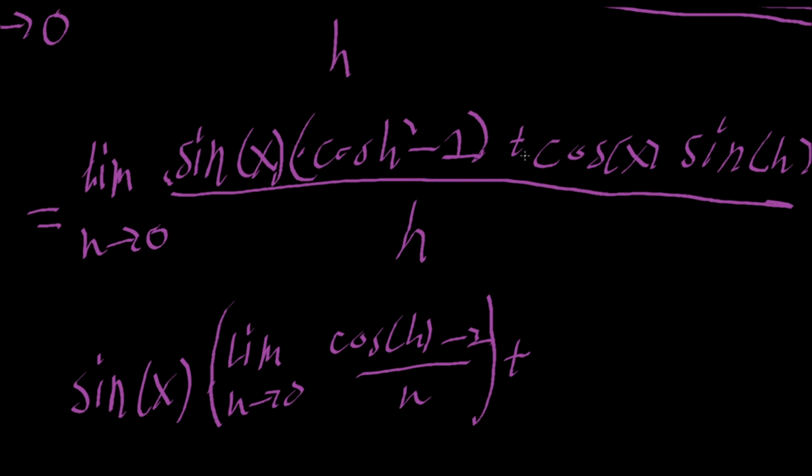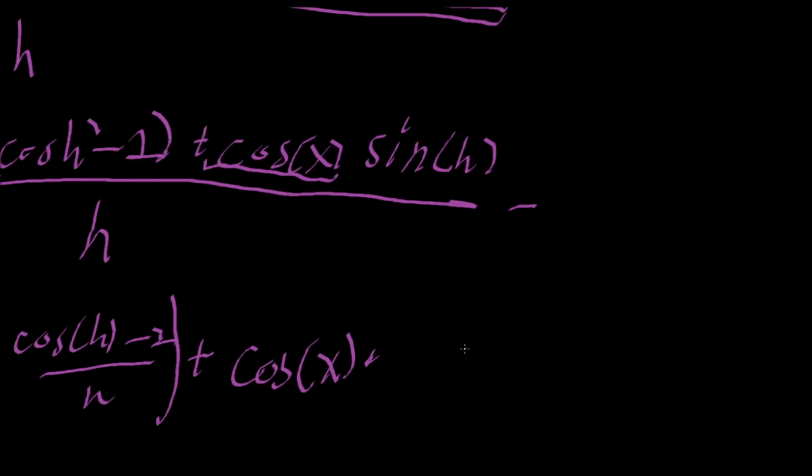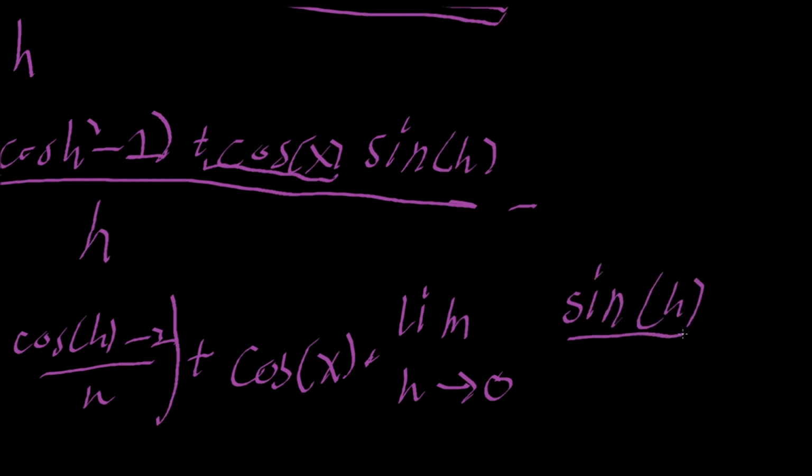And now we can do the same thing to this cosine of x plus cosine of x multiplied by the limit as h is approaching 0 of sine of h over h.